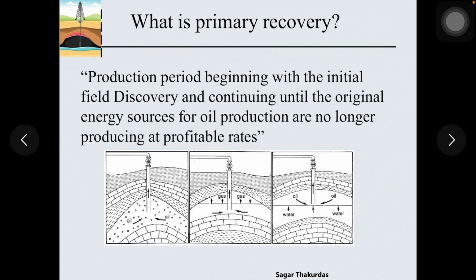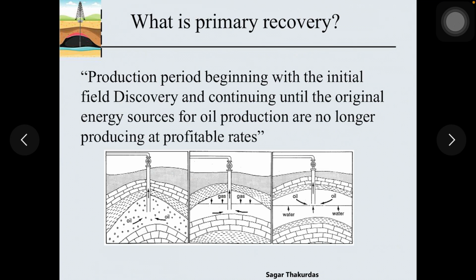Apart from that, you need to know what is primary recovery. You can read the definition which is mentioned here. Primary recovery is the production period starting from the initial field discovery and continuing until the original energy sources for oil production are no longer producing at profitable rates.